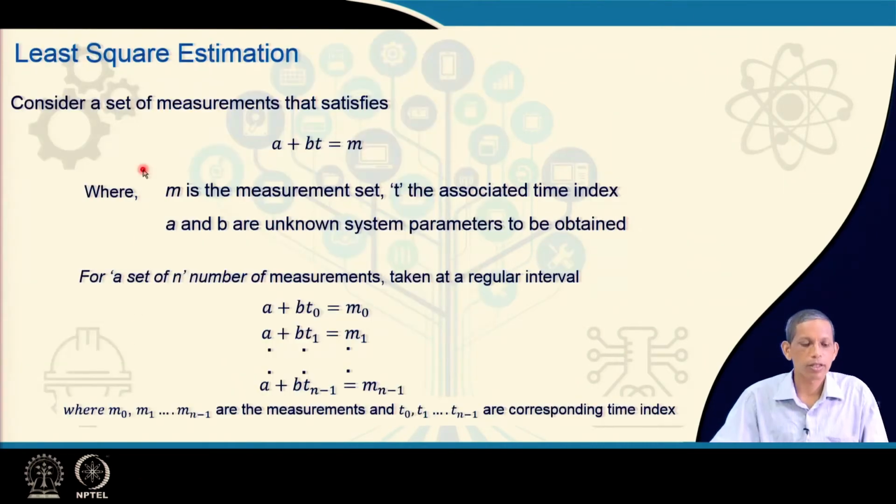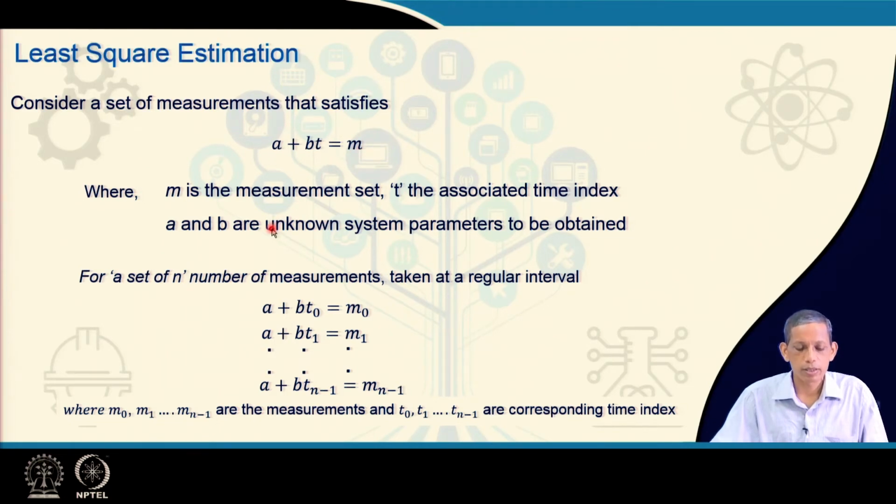So, let us first understand what the least square estimation technique is before applying it to relay applications. We consider a set of measurements that satisfies A plus B t equals m, where t stands for the time index and m for the measurements.